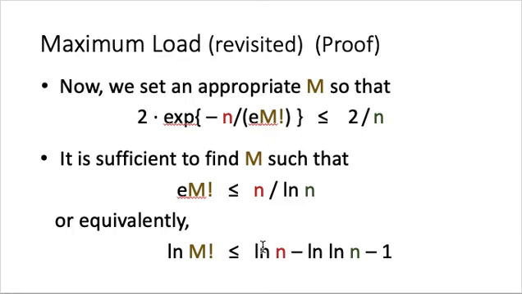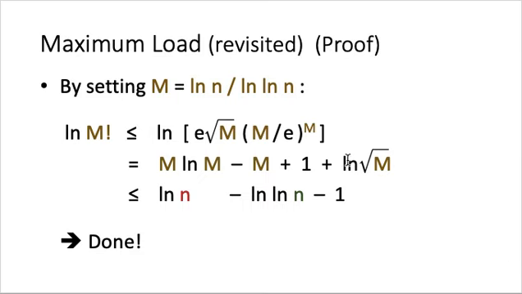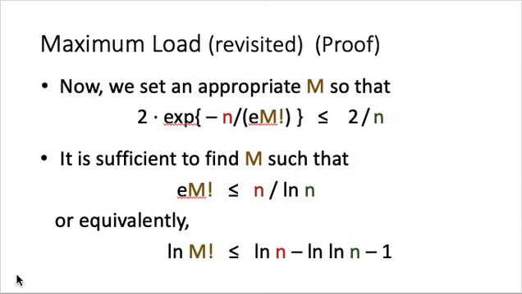So if we set big M to be log n over log log n, then we see that the left-hand side bound is log M factorial.